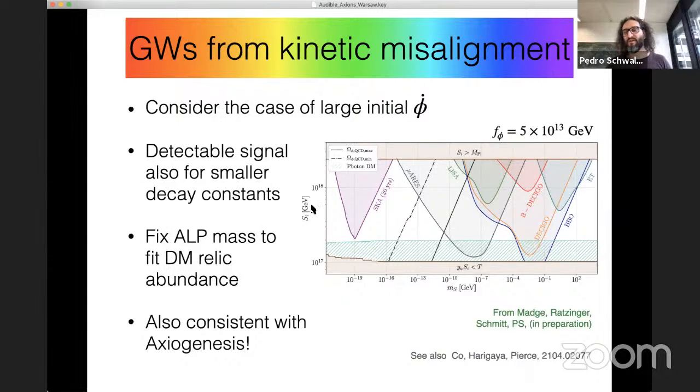So you replace the high scale by another heavy or largely displaced particle. The observable gravitational waves from this scenario here are even consistent with axiogenesis. So you could even be more optimistic and say this will allow us to probe both a mechanism that gives dark matter and baryogenesis, which is kind of exciting.